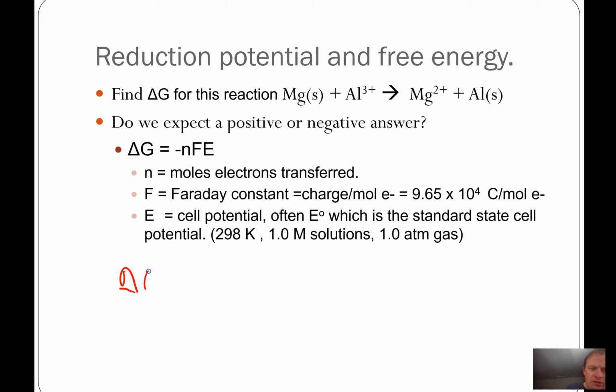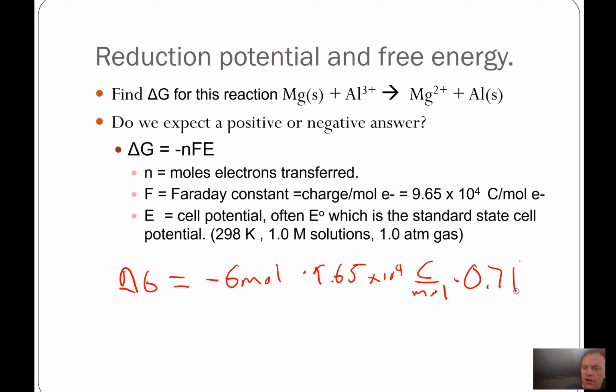So delta G equals negative sign, 6 moles of electrons, times the Faraday constant, which is 9.65 times 10 to the fourth coulombs per mole, and then we calculated previously 0.71 volts. Just for the purposes of units, a volt is a joule per coulomb, and the coulombs are going to cancel here, and the moles are going to cancel here.